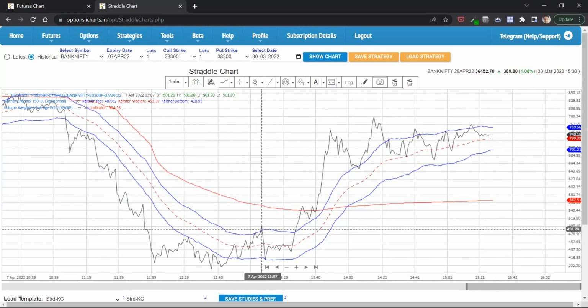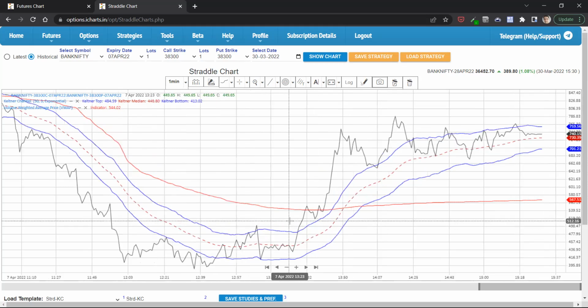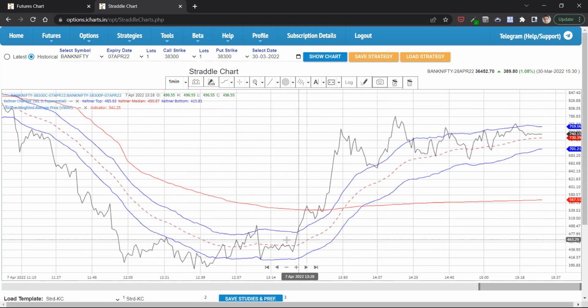Now it can be due to a call or due to a put. Once this happens, you will have to see which price is going up, whether it is call or put. This straddle going out of the Keltner channel can happen due to a call exploding or a put exploding. In both cases, straddle price will go up.